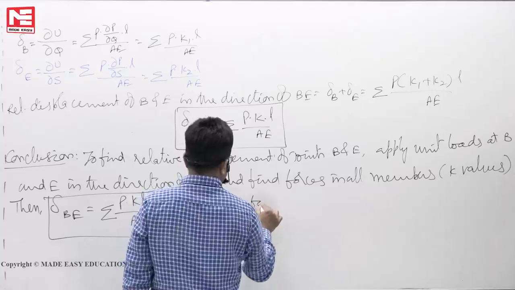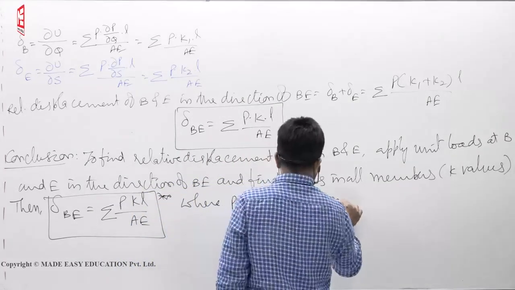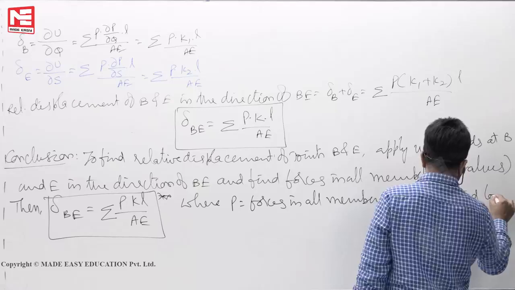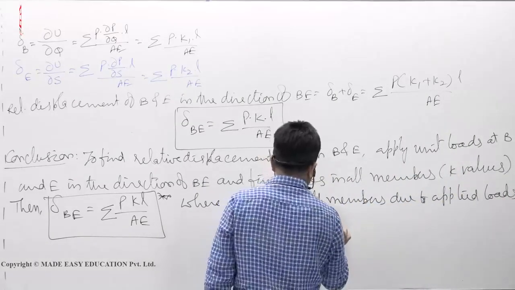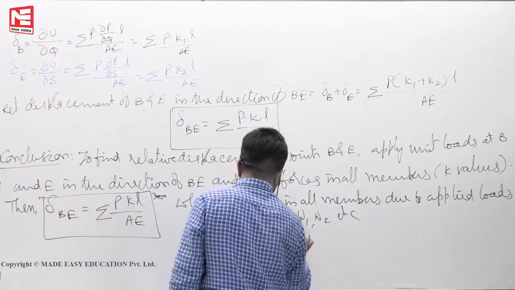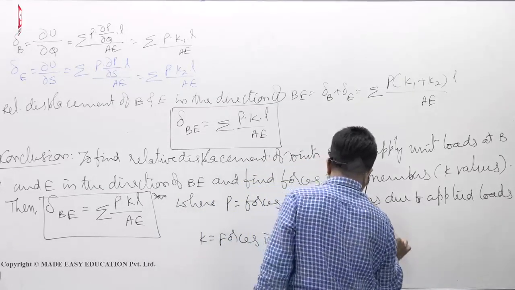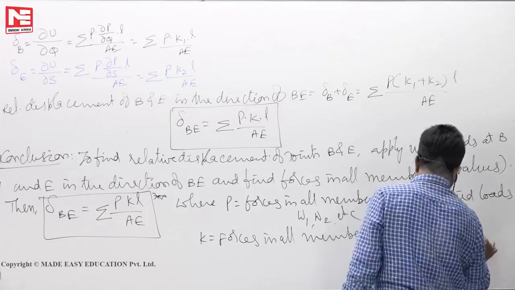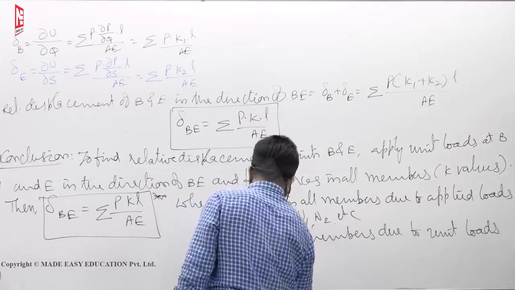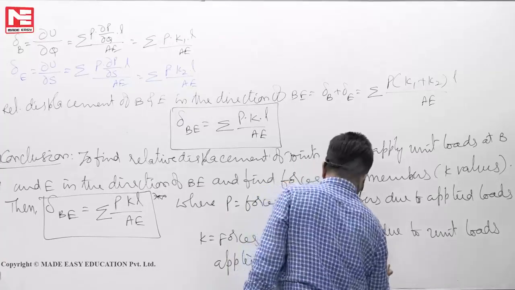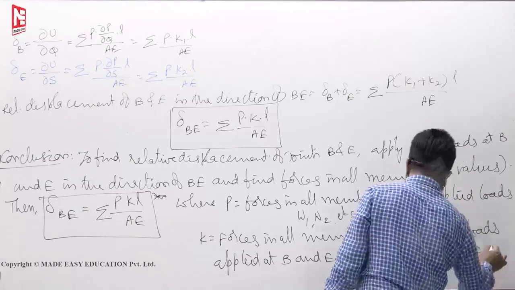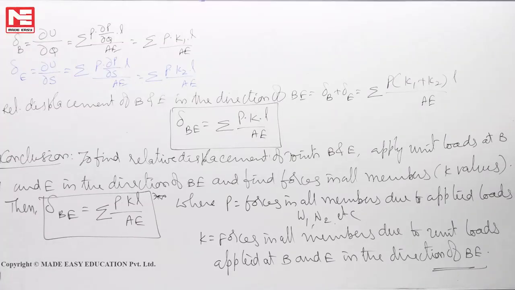Here P is equal to the forces in all members due to the applied loads W1, W2, etc. K means the forces in all members due to unit loads applied at B and E in the direction of BE. This is your relative displacement concept.